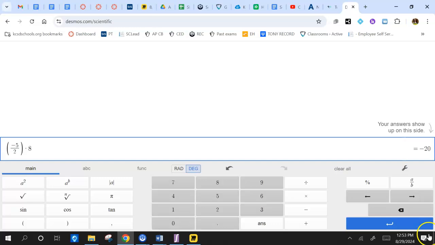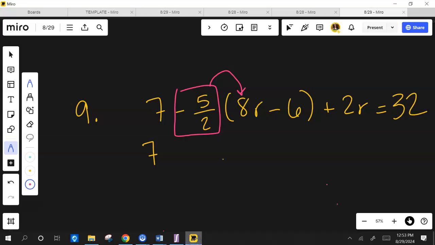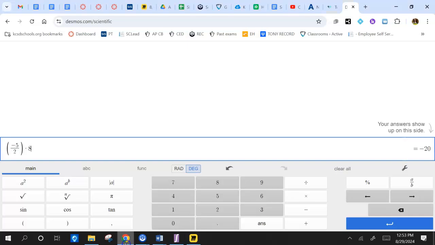Now look, -20, right? -20, and it's got an R hook to it, so be careful. All right, now you try the next one on that calculator. The reason we're pushing this calculator is because when you take the EOC, they'll give you this calculator on there, okay?